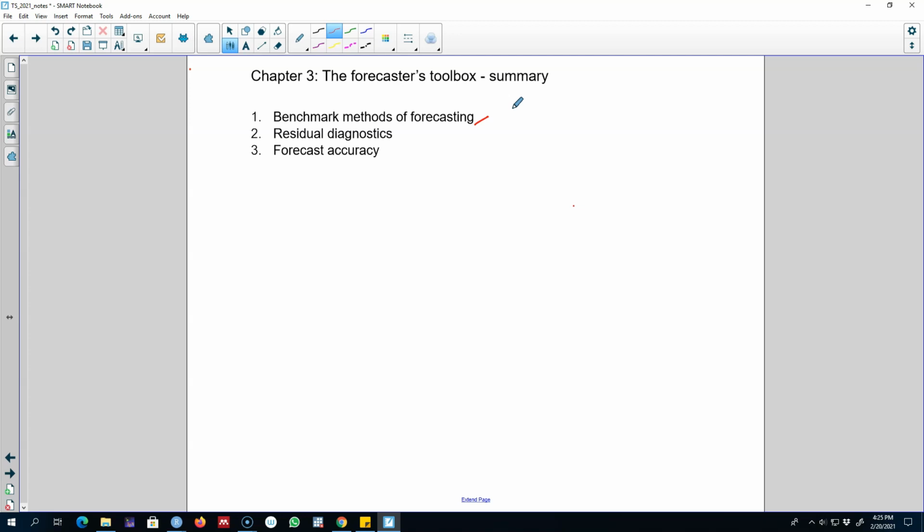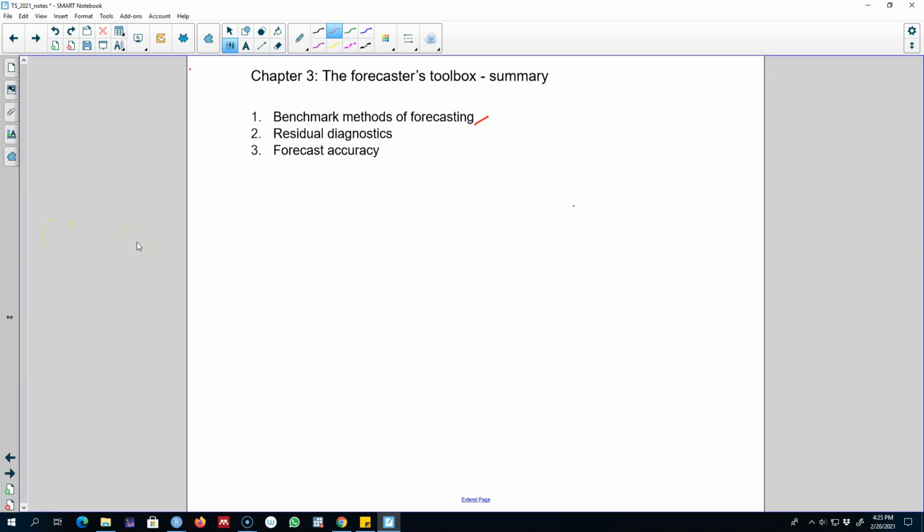And if our data is seasonal, we use the seasonal naive method, in which case we pick our forecast based on the last observed value in the same season last time. And if our data is showing us any trend, then we may use a drift method. So these were the 4 benchmark methods that I discussed in chapter number 3.